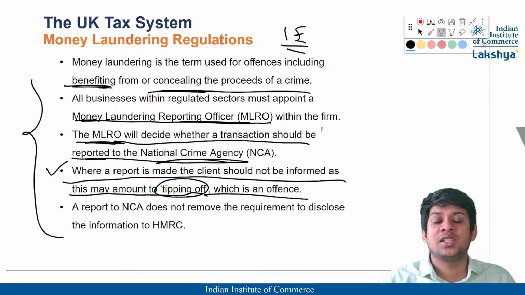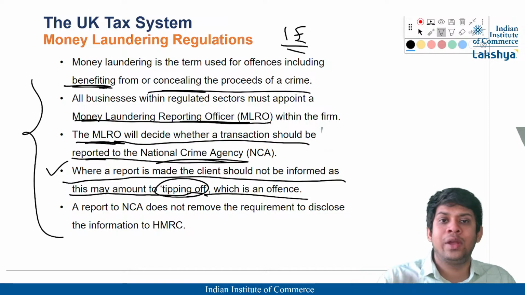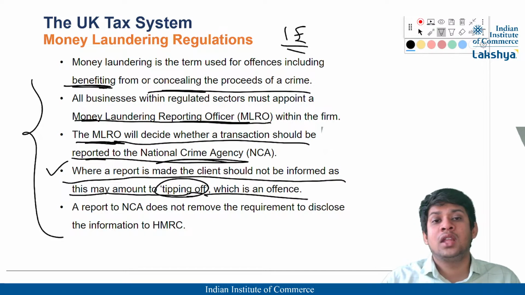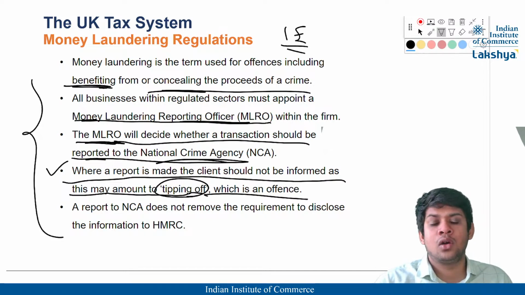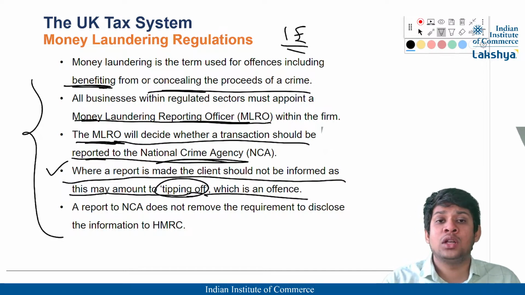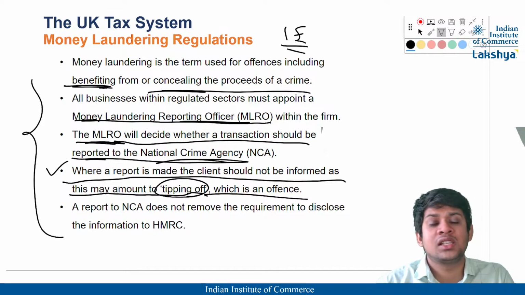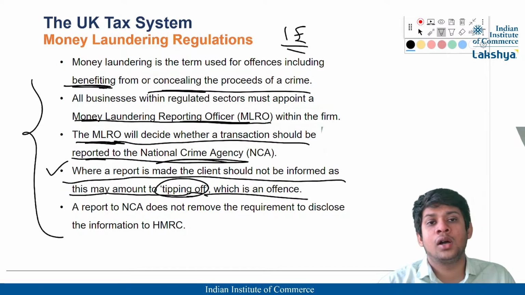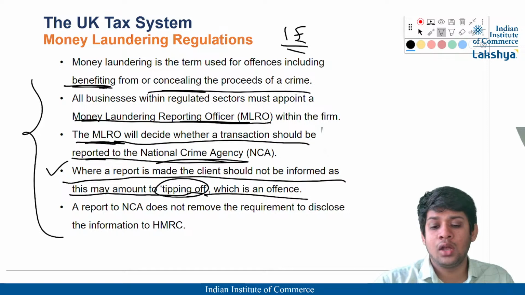That means I'm suggesting to the client that HMRC will come to check. You have to actually save it, right? The client that is doing any fraudulent activity will try more and more to conceal that income that he has hidden. So technically I'm tipping that client off that HMRC is coming. You try to hide it. That is wrong, and that will be not professional for a tax agent. Okay, so he could also be penalized for the same.